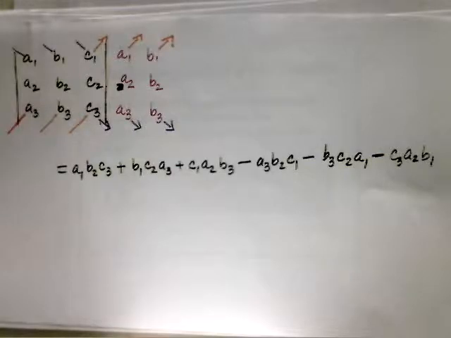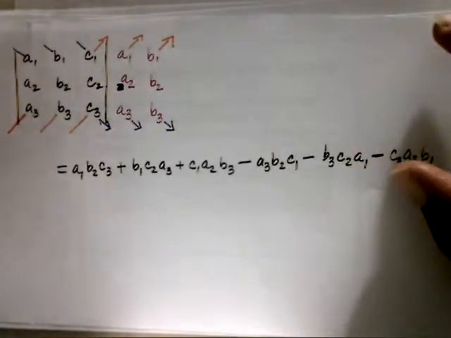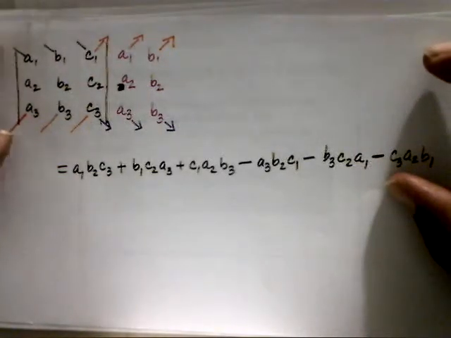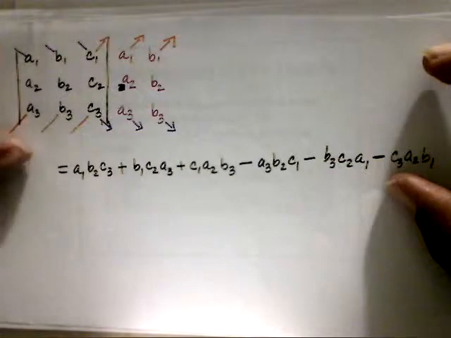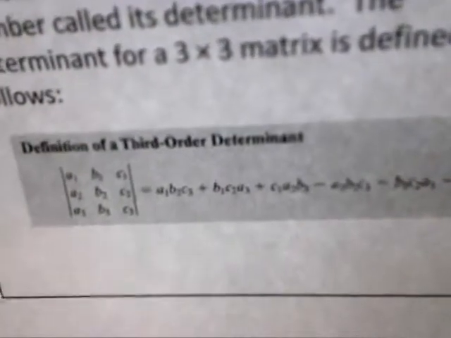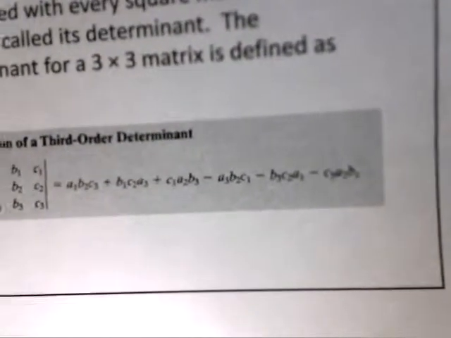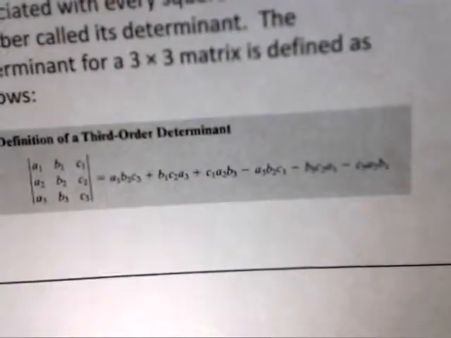Okay. In fact, later on I'm going to use this to show you the easy way to find the determinant of that 3x3 matrix, because that's what they use here to define the determinant of a third order, or to find the third order determinant.